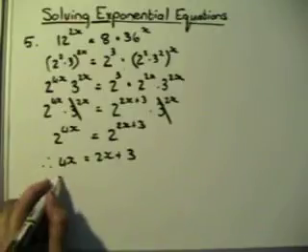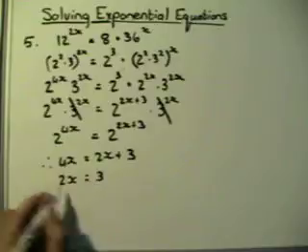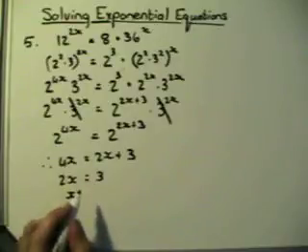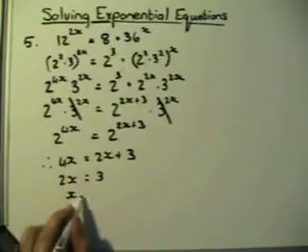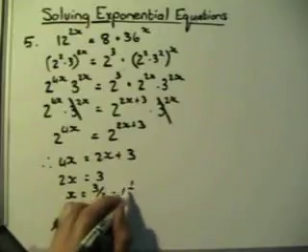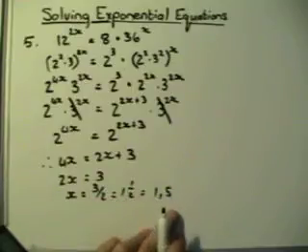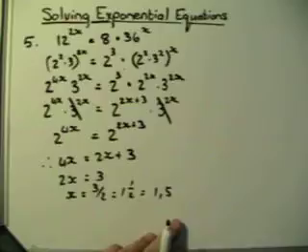So I take the 2x over: 4x minus 2x is just 2x, which is equal to 3. So x should then be equal to 3 over 2, or 1.5, or 1,5. All of these answers are equally acceptable. All right.